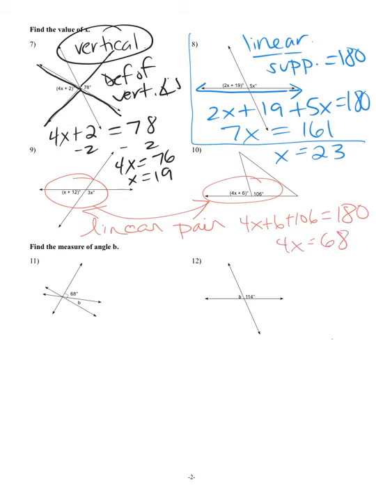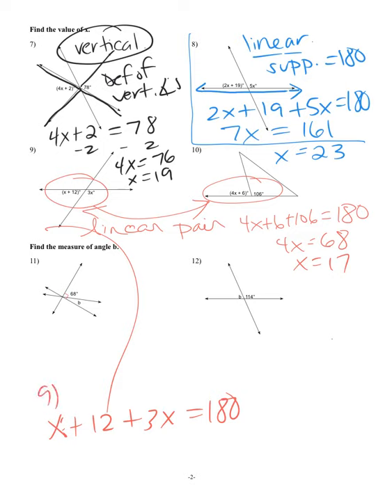What is 68 divided by 4? 17. And then the other one, number 9, is the same thing. So this is how you set up number 9. And then number 9 would equal 42.